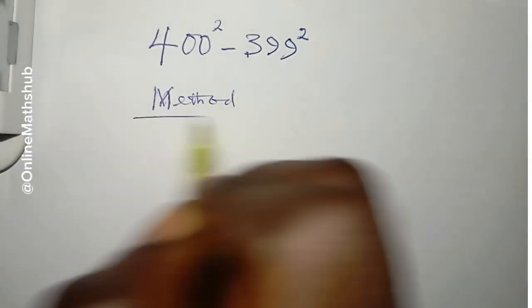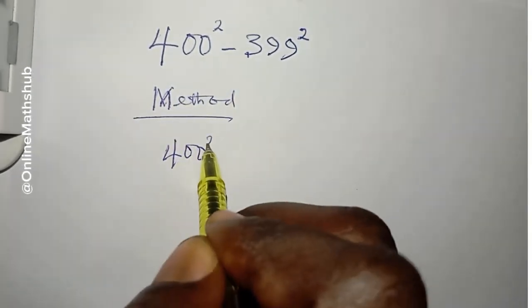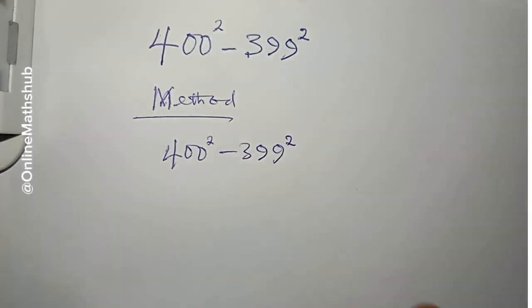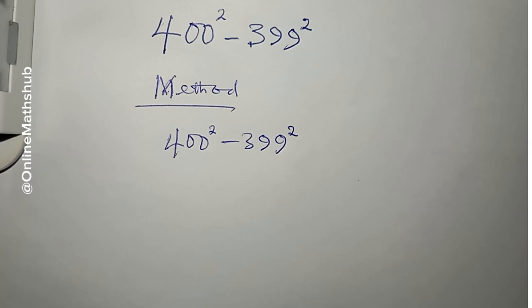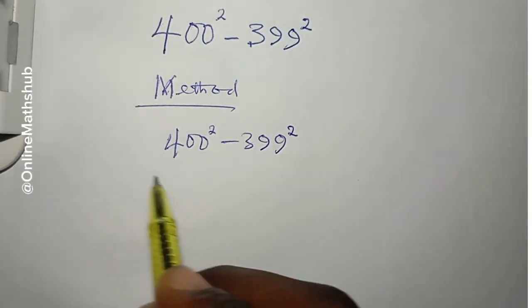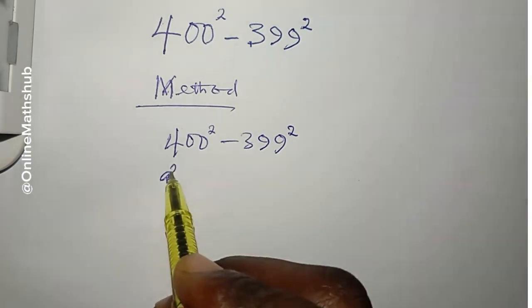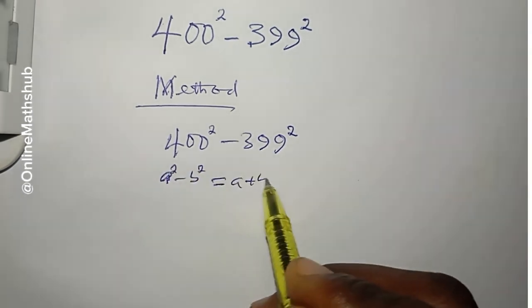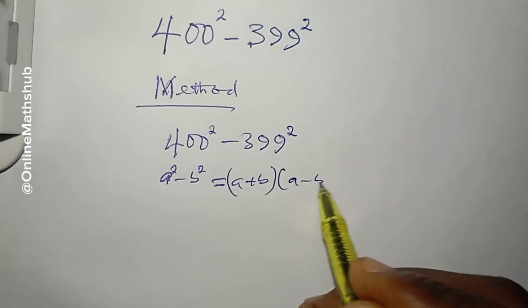Okay, so what we have is 400 power 2 minus 399 power 2. The first method is just to use the idea of difference of two squares. If you have a squared minus b squared, you can expand this to be a plus b, and a minus b.